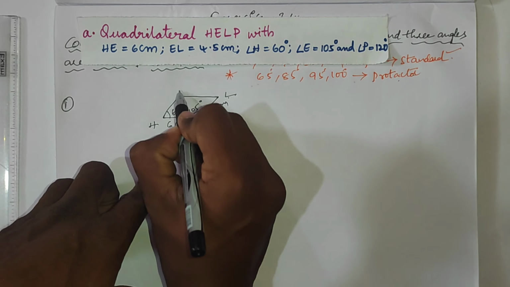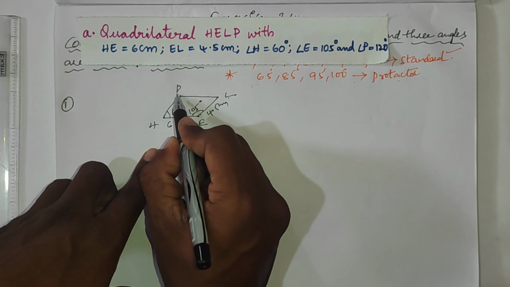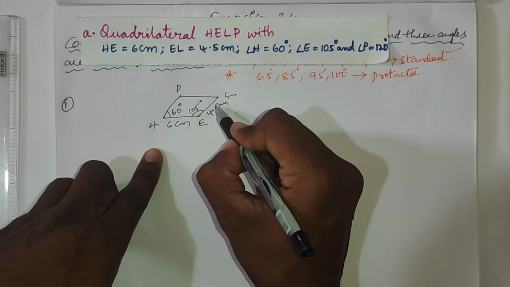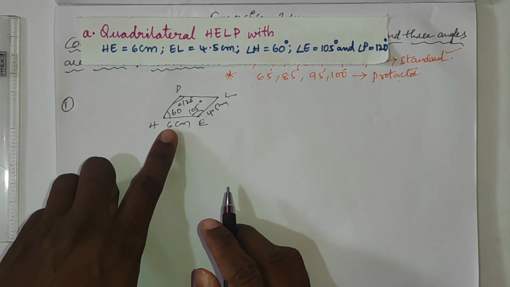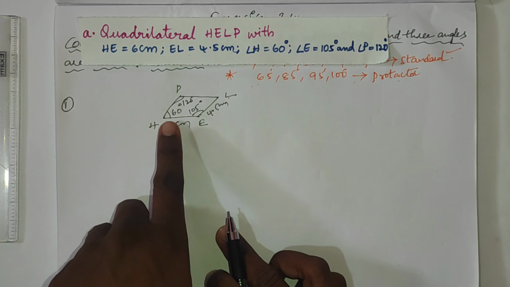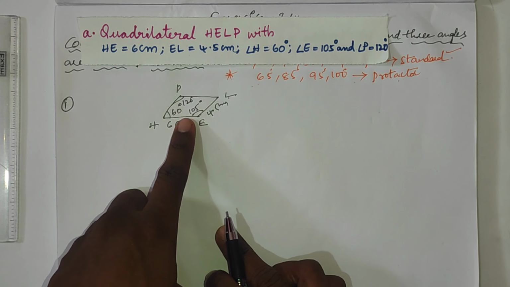LP is a side of the quadrilateral, but its measure is not given; angle P is given as 120 degrees. So this is a rough sketch. Based on this, we'll construct the quadrilateral now.